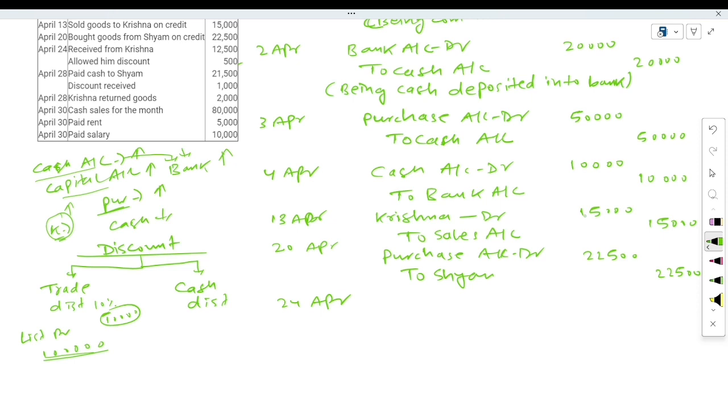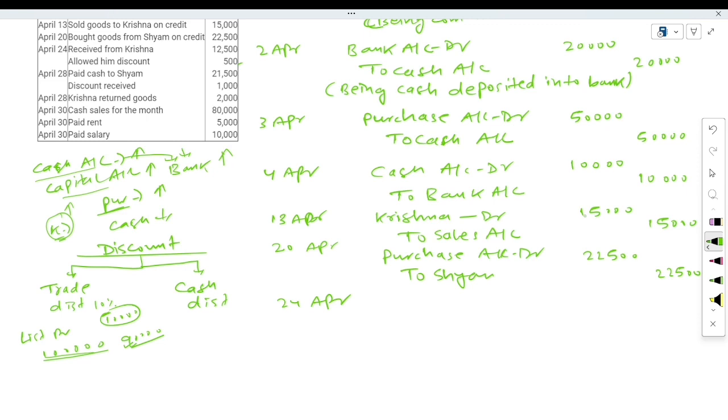What is the concept of this? It means if you are purchasing goods, your purchase invoice value will be 90,000, not 1 lakh. And whenever you are selling goods, your sales invoice value will be 90,000.